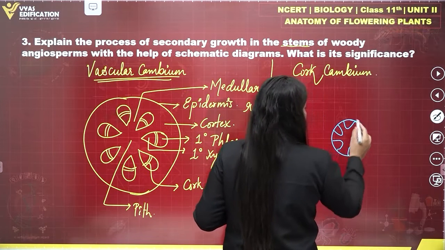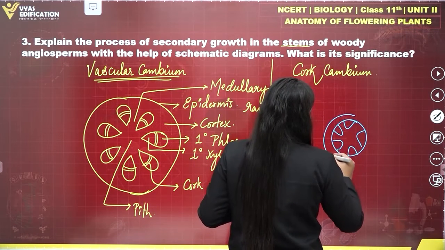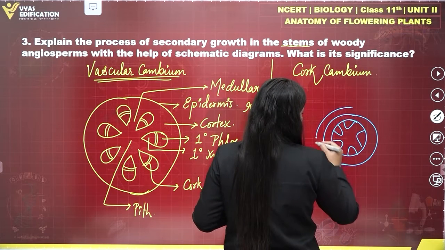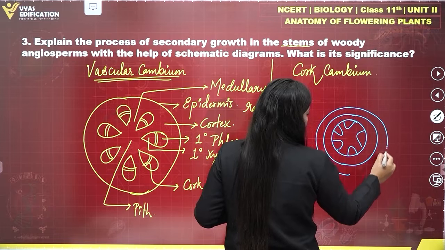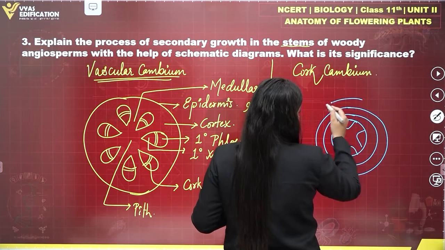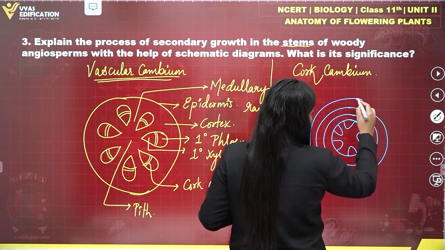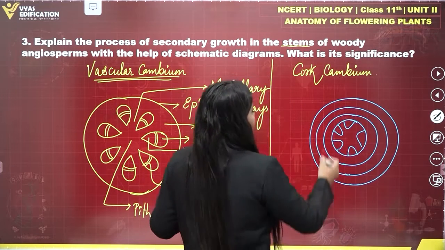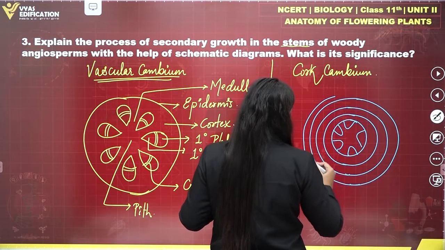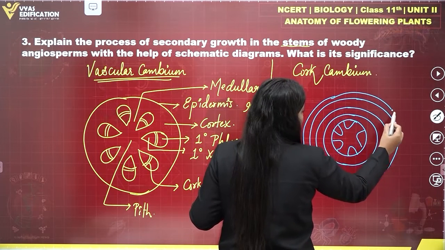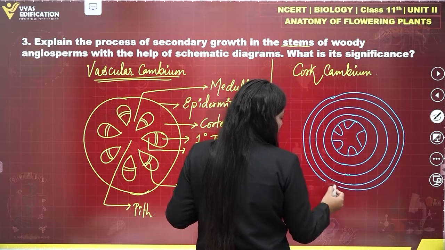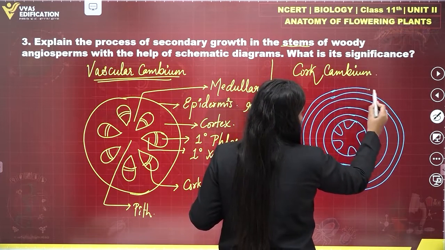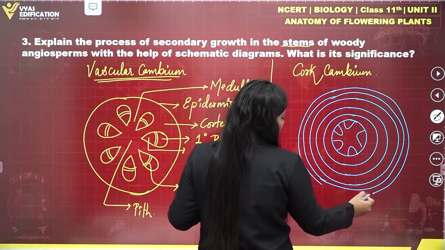So this is your circle having bundles, then this is your secondary xylem, then your phloem, with the secondary phloem on the outer side and secondary xylem on the inner side. Then you have protective layers of cork, known as phellogen, and the outermost protective layer you have is phellem.